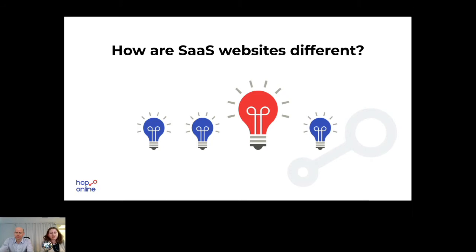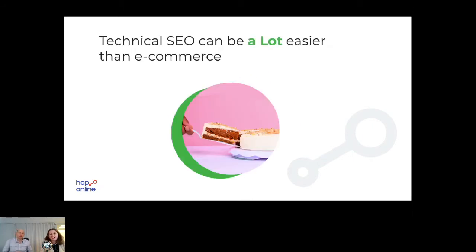And the first thing that we want to start with is technical SEO. I'm going to go a little bit deeper later in my presentation about this part of SEO.